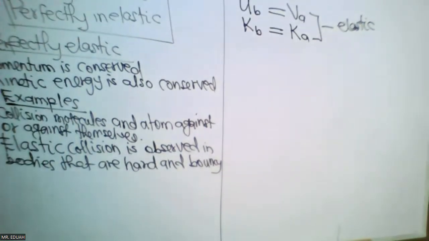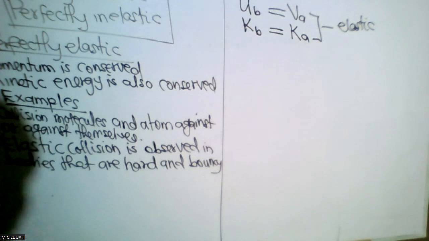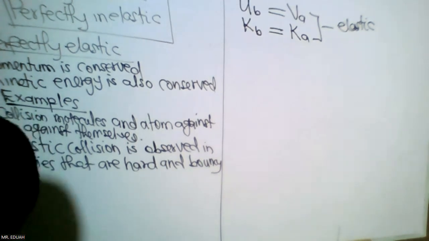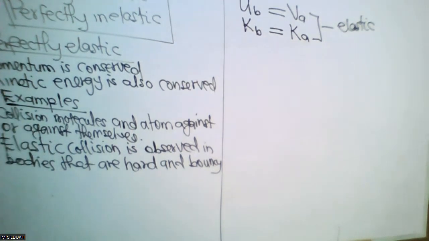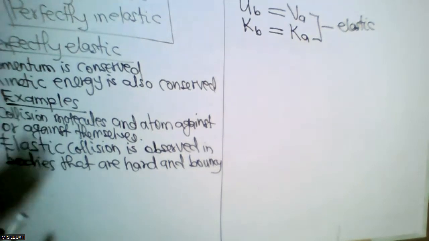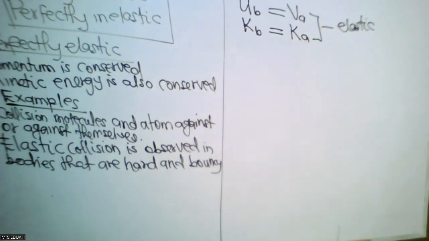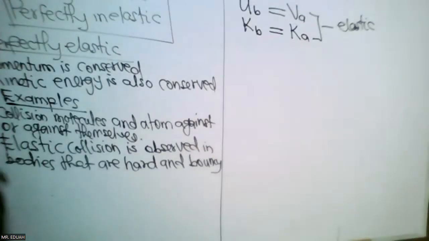So for example, if a football is kicked, kicking off a soccer ball or a football demonstrates an elastic collision. Hitting a tennis ball with a bat or a table tennis ball with a bat demonstrates elastic collision.